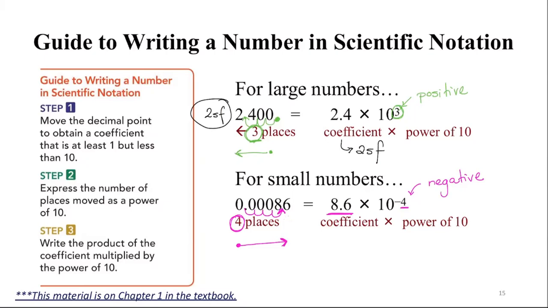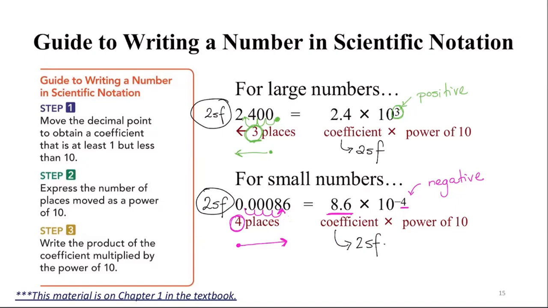In the value 0.00086, that has also 2 sig figs. So when I convert it to scientific notation, my coefficient, because we know that in scientific notation, the coefficient is what carries the number of sig figs, it also needs to be 2 sig figs, okay?